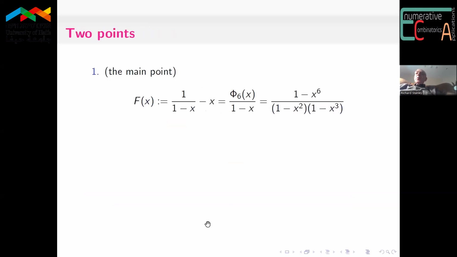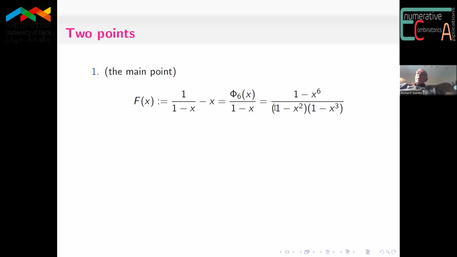So in this proof of McMahon's theorem, the main point that made this argument work was that when we looked at this 1 over 1 minus x, we removed just one term from the expansion. This was a cyclotomic polynomial over 1 minus x.